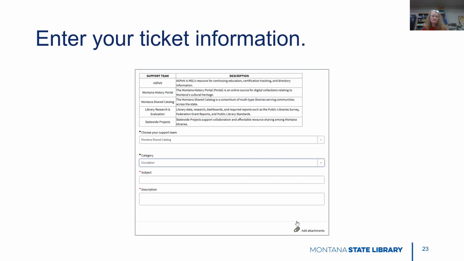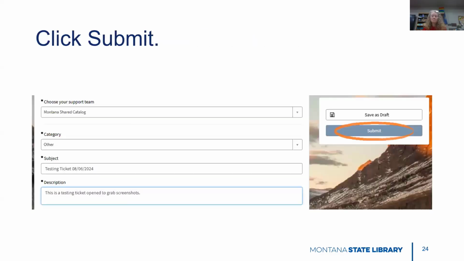So if you have screenshots, we always welcome those. Once you've filled out all your ticket fields, you'll see the option on the right to submit. And once you submit, you'll get a confirmation screen letting you know that your ticket has been submitted.